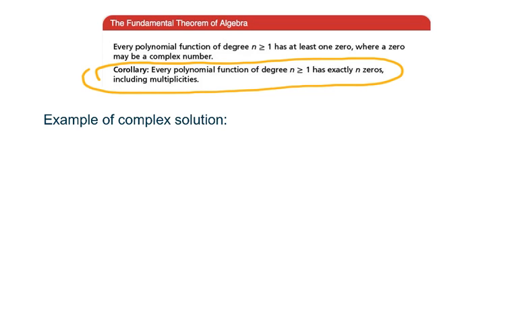So if I have something like 3x to the 4th minus 2x to the 3rd plus 5x minus 3, if I want to know how many zeros it has, 4 zeros. That is its degree. So it has 4 zeros. And then it may have complex solutions.